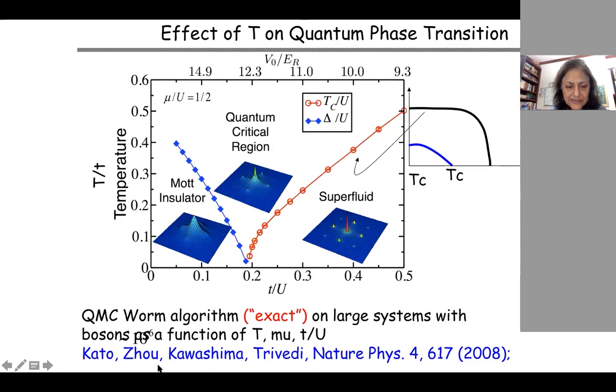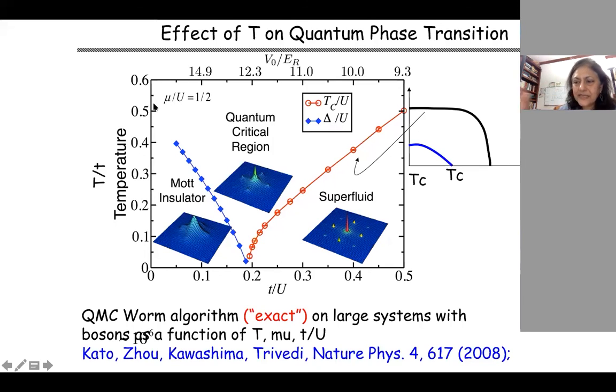This 10 to the 6 got a little bit hidden here, but we actually managed to do 1 million bosons, in 3 dimensions. It was a very big calculation, but it allowed us to get accurate results as a function of temperature, T over U. This is a cut at some fixed chemical potential, mu over U.